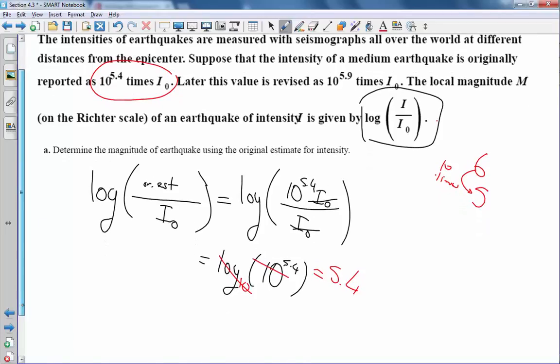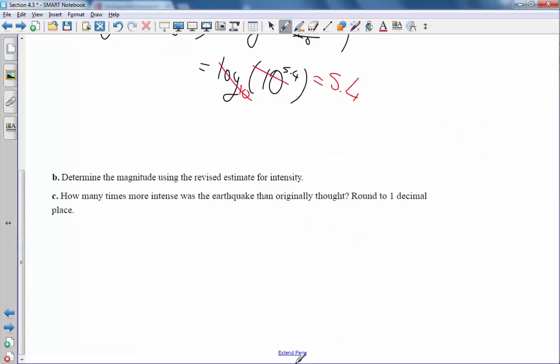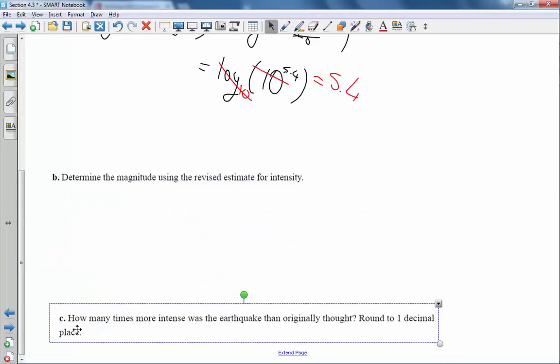We are now going to compute our revised estimate for the magnitude. So you're going to repeat this work for the new measurement announced, which is 10 raised to the power 5.9, I believe. So what are we going to do?